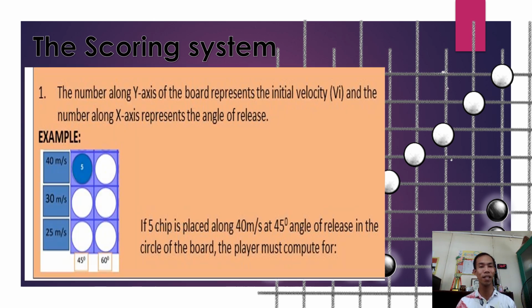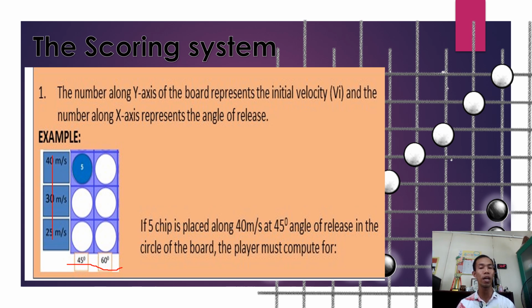The scoring system. For example, our board here. Along the y-axis of the board represents the initial velocity, and the number along the x-axis represents the angle of release.